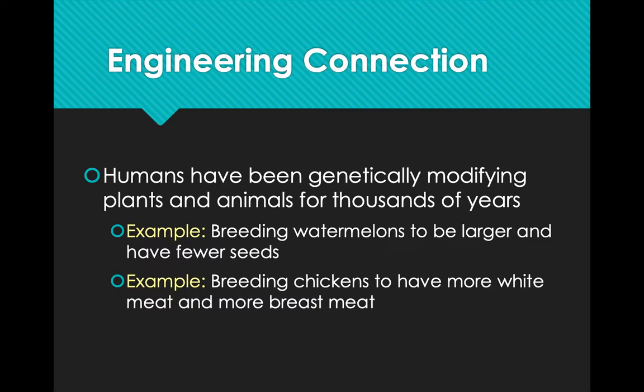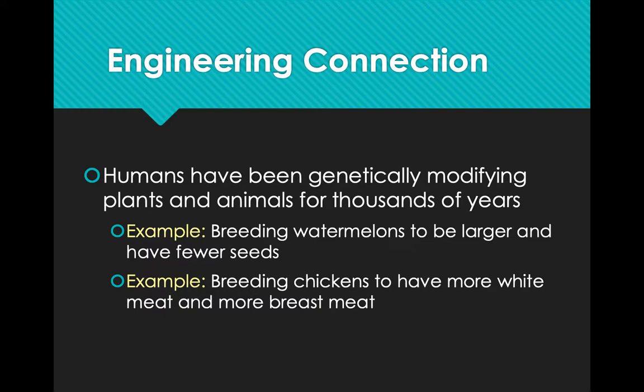Even before we really knew what we were doing, farmers have been mixing plants and types of fruit for years, not really understanding what they were doing, but that's what was happening. Really, there were mutations occurring that would result in, let's say, a larger watermelon that has fewer seeds, or breeding chickens that have more white meat or are larger, things like that.